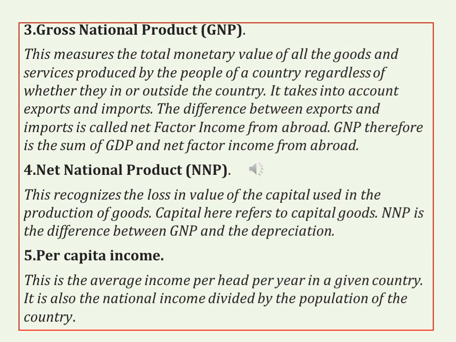Because when you import goods, you pay for those goods. When you export goods, you are selling and you are getting money. And therefore, the difference between what you have earned from your exports minus what you have spent on your imports, that is what we are calling net factor income from abroad.